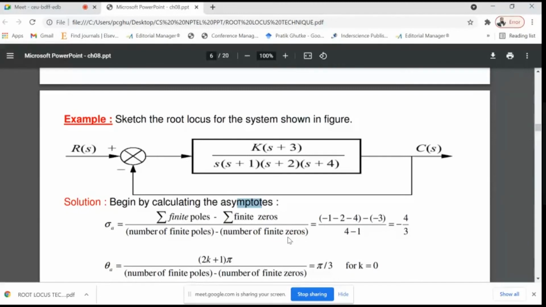So now calculate the angle of asymptote. Just now I told you the formula for angle of asymptote: theta equals 2k plus 1 into pi divided by number of poles minus number of zeros, that is p minus z.